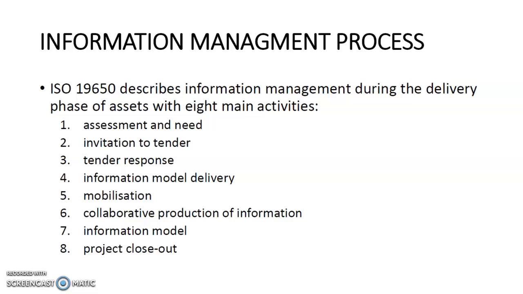Now the standard also divides the whole project life cycle into 8 phases or 8 activities, starting from the feasibility stage, which they call assessment and need, to the invitation to tender, to the tender response, to the information model delivery, to the mobilization, to the collaborative production of information, to the information model, and finally to the project closeout stage.